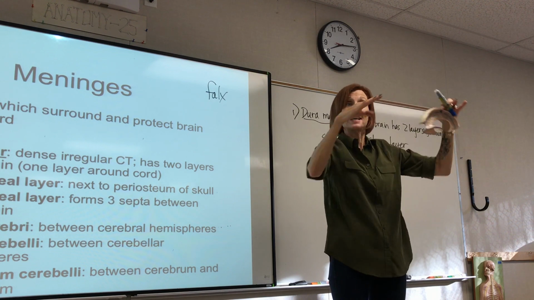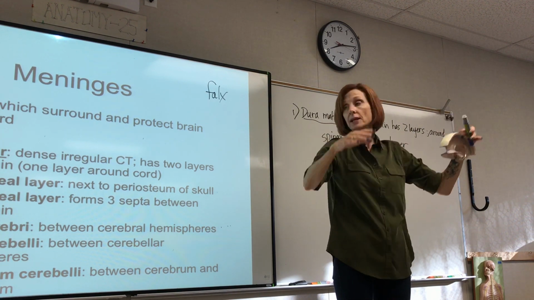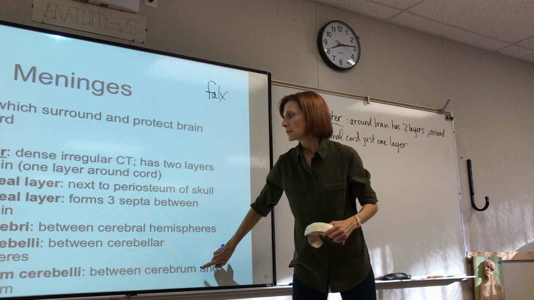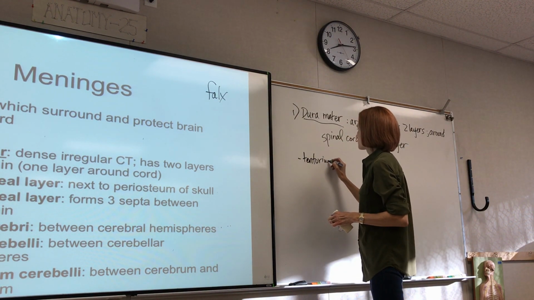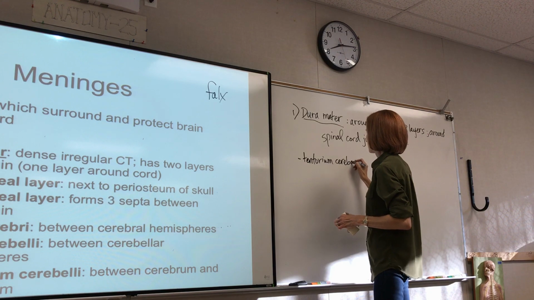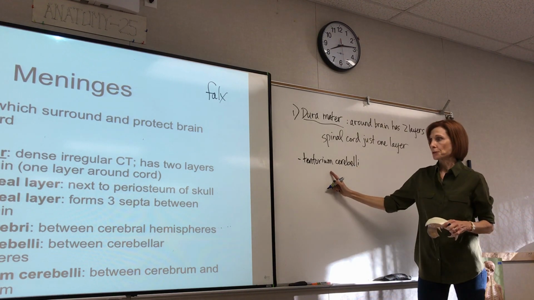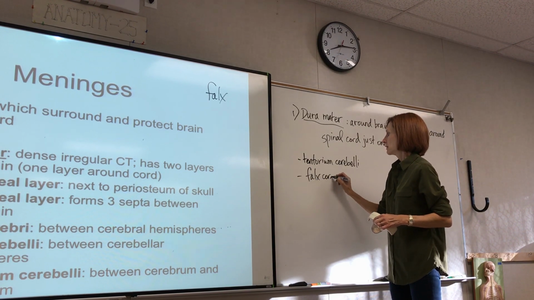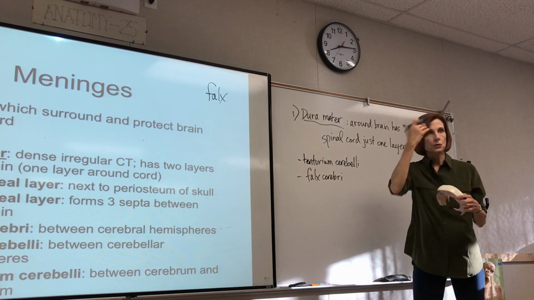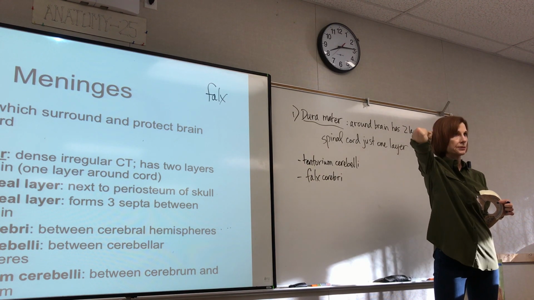Tentorium, like a tent. Tentorium cerebelli. Sorry, I know that's way down there. So that is in the transverse fissure. The falx cerebri is in the longitudinal fissure between the cerebral hemispheres.